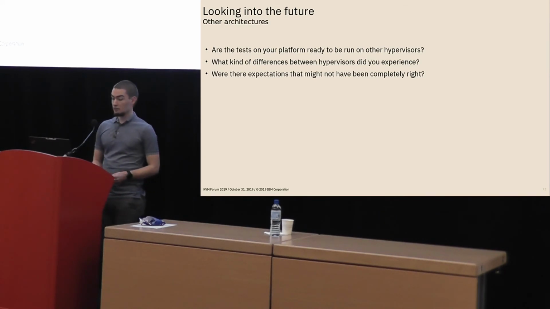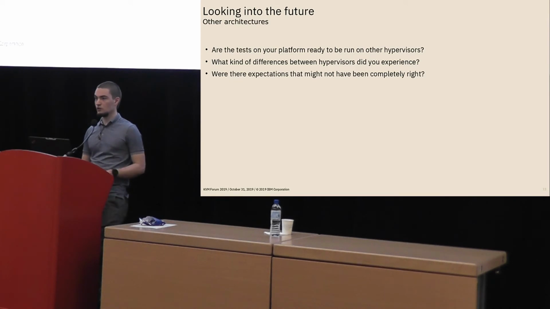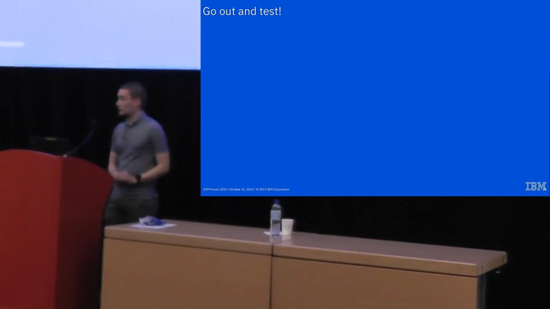And maybe were there any expectations when writing QEMU and KVM code which actually weren't completely right, but you made them and now something is wrong in the implementation? And with the words of Linus, I'm going to let you out to lunch.